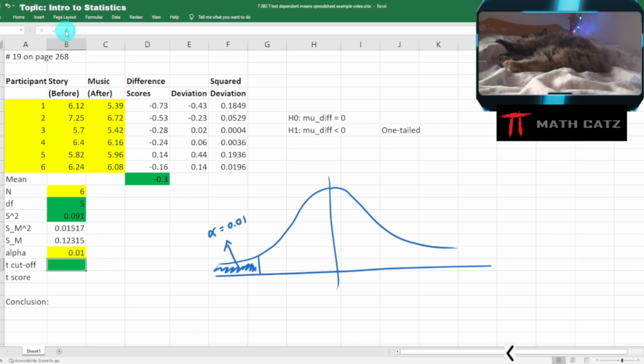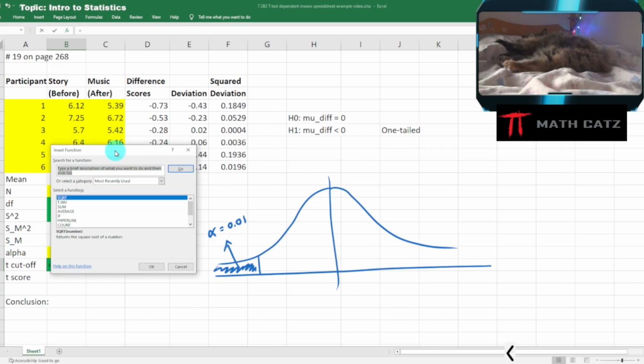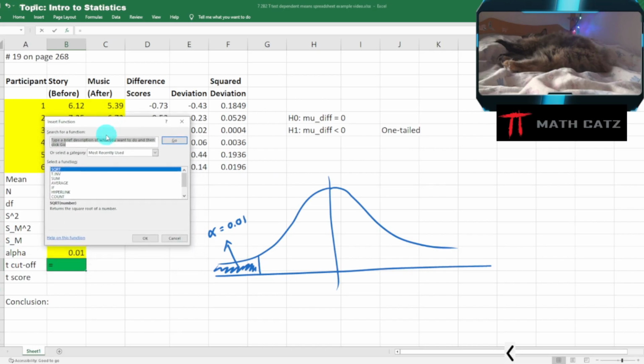So if I click on my formula or insert function tool, I'm going to move this so it doesn't overlap what I've written down. I want to search for t distribution. Now there's a whole bunch of probability distributions that it has information on.